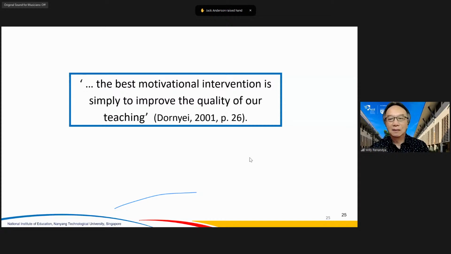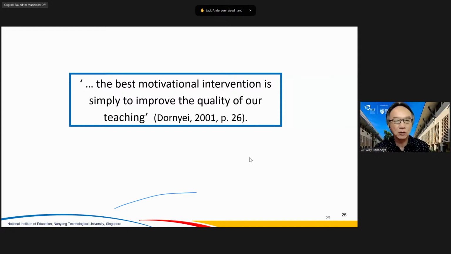Exactly. So essentially what he's saying is that if you want your students to enjoy your lesson, if you want your students to learn a lot more from your lesson, if you want your students to feel excited to be in your lesson, interested, motivated, thrilled, and all that, then it's you. You can make it happen.